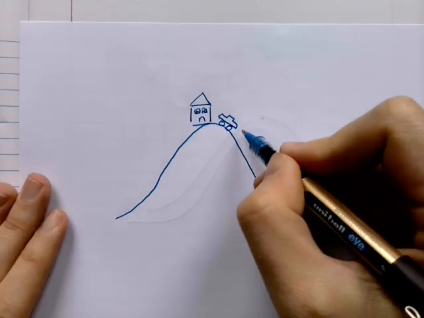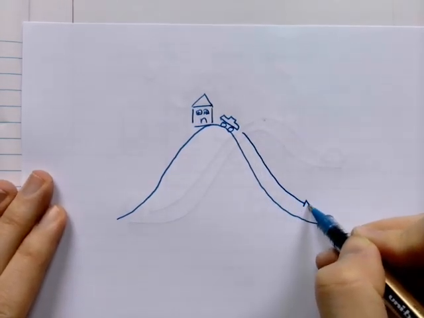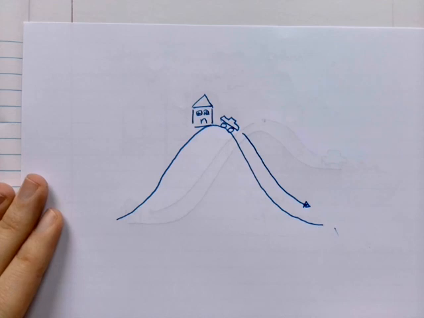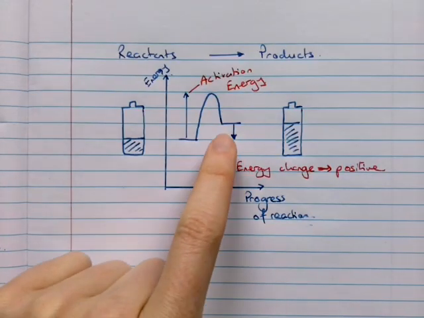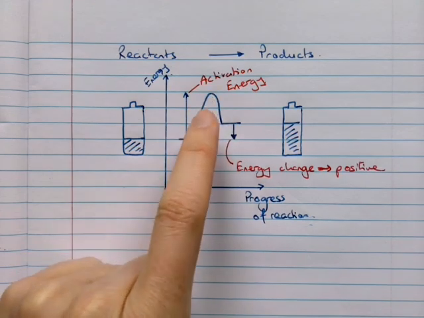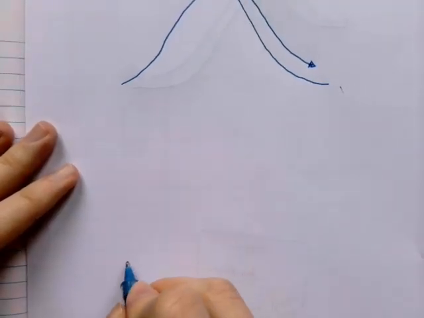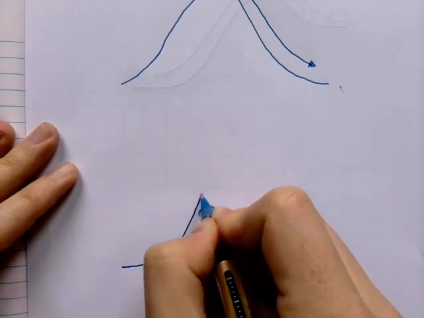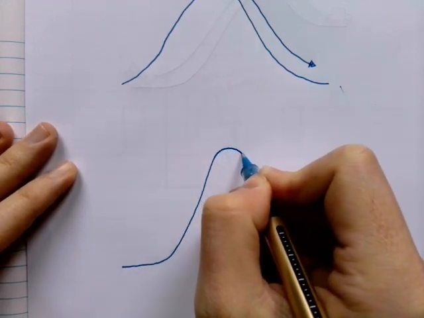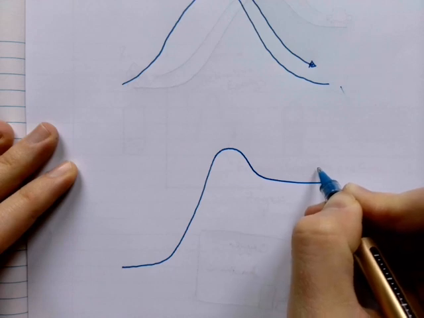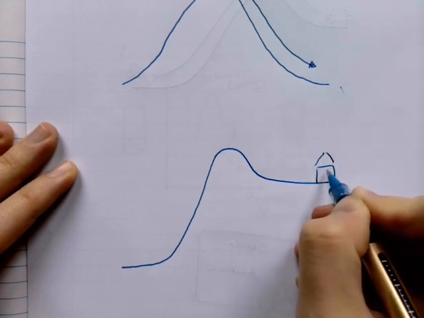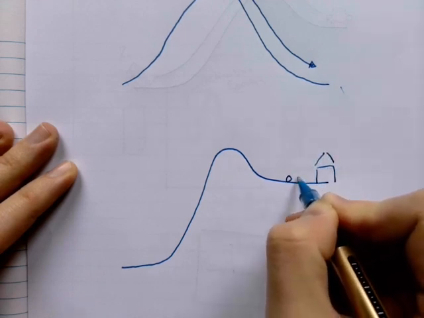Well, the car would just immediately roll down the hill, and you wouldn't be able to stop it. But because we've got this barrier here, what this means is that your house looks like this, and your car can go here.